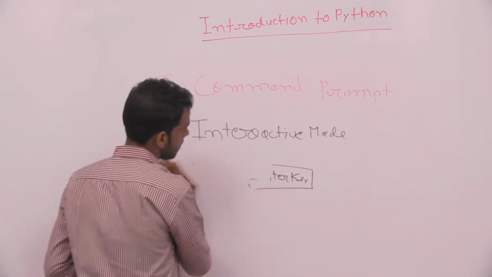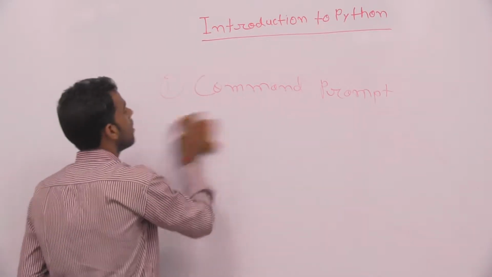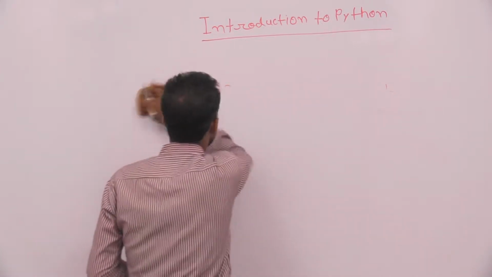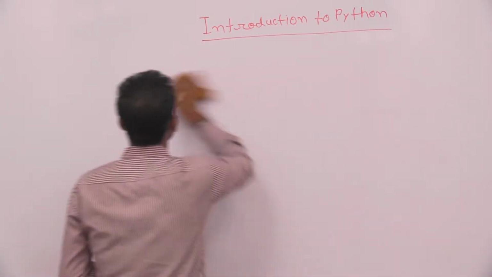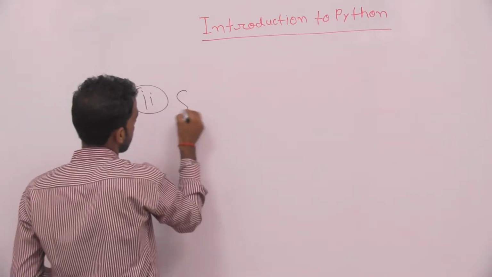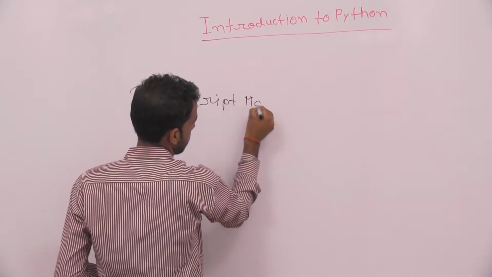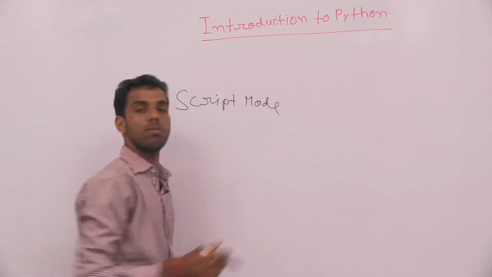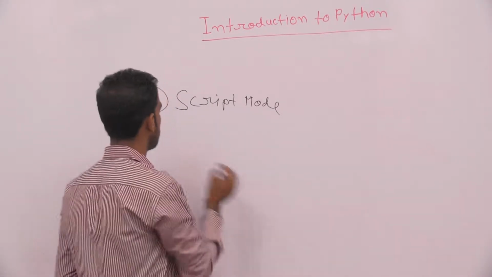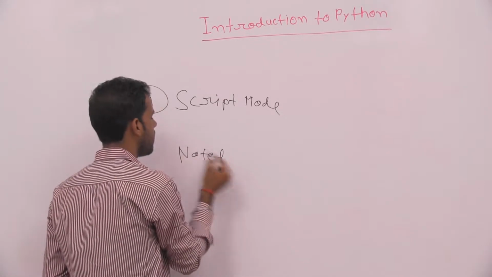The other one is script mode. Script mode basically means writing the code in a file and saving the file with a .py extension. For writing the Python file, we can use any editor such as Notepad, Notepad++, Dreamweaver, and many more.